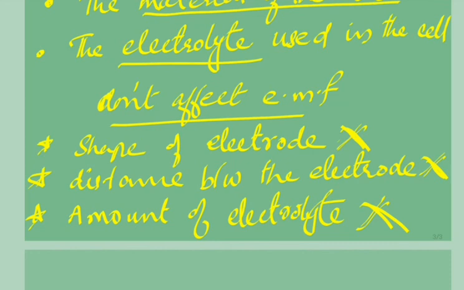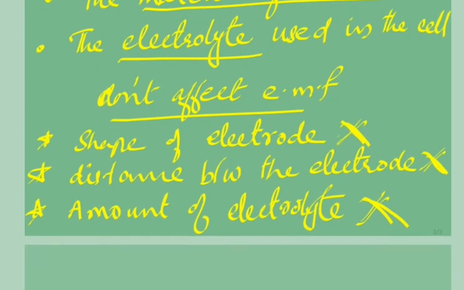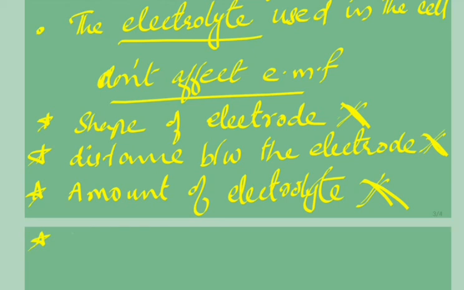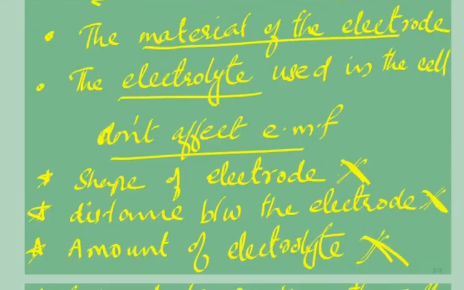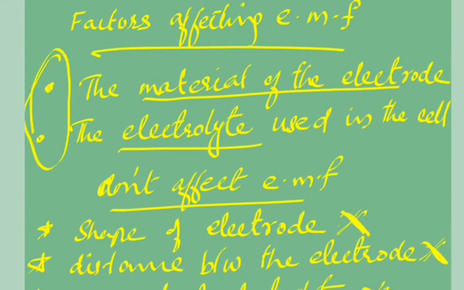And one more factor is the current drawn from the cell, because EMF is actually the nature of the cell only, so it doesn't depend upon the external resistors which are being connected. So the current which is being drawn from the cell will also not affect the EMF of the cell. The EMF is actually the nature of the cell, type of cell.